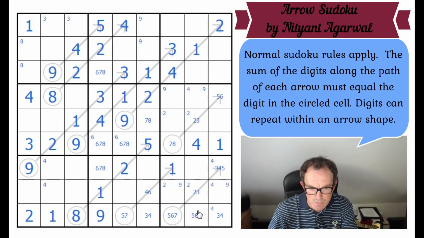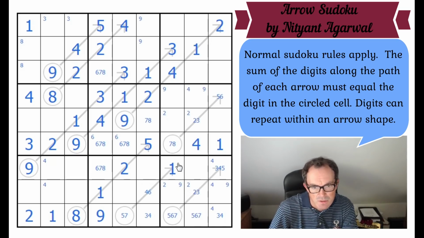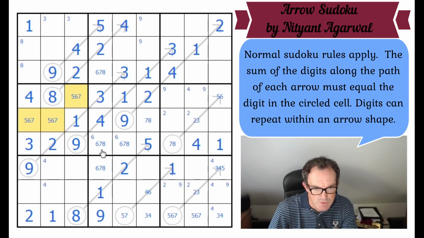Six, 7, 7, 8. Oh dear. And it was going so well. 2, 3, 4. So this is 5, 6, 7. I'm actually wondering whether I'd be better off colouring high squares and low squares here to try and get a handle on what's exactly possible and what isn't.